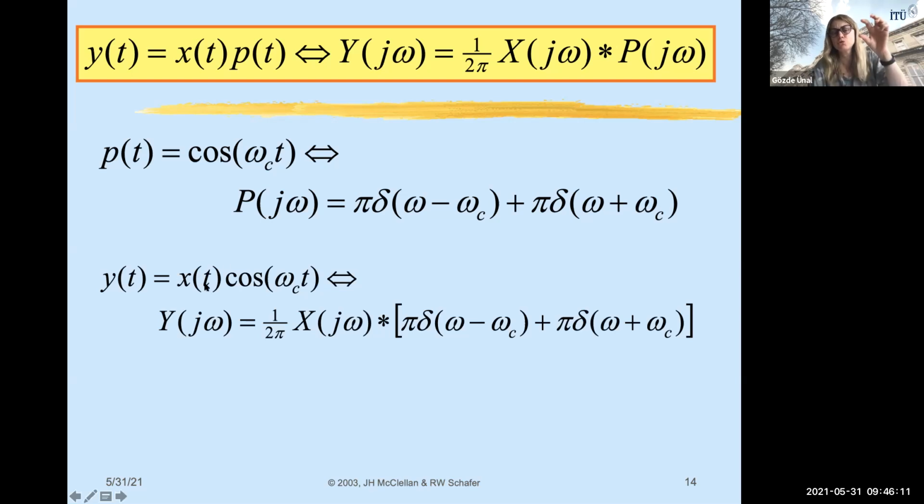That is the signal to be modulated, guys. In telecommunication, as I told you in the first few weeks of the class, let's say I want to send my voice or your voice through a telecommunication channel.